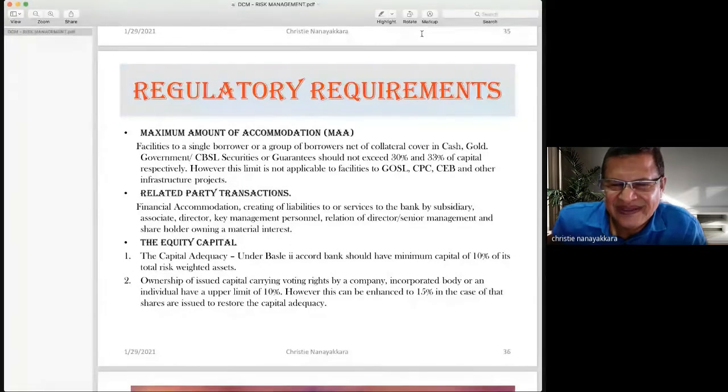So in order to do that, you call up two banks or three banks, whatever, and ask whether they would like to participate in a syndication. In a syndication, you become a leader who does the evaluation of this facility. Since you must adhere to the single borrower limit, you cannot lend more than 3 billion.